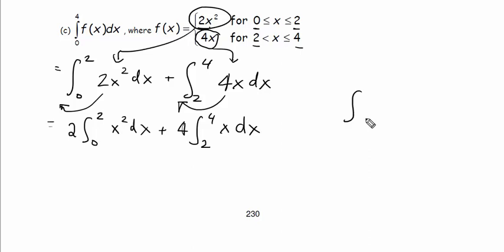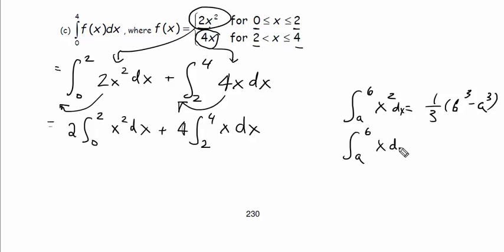Then I'm going to use my two special properties, just like we've been using over and over again. So this is very good that you are hopefully seeing now that these are the same properties being used a lot.